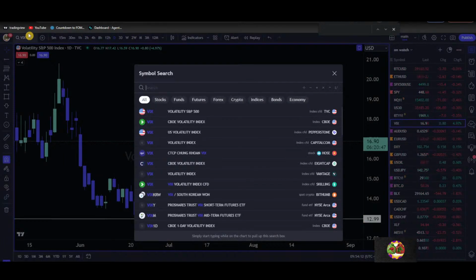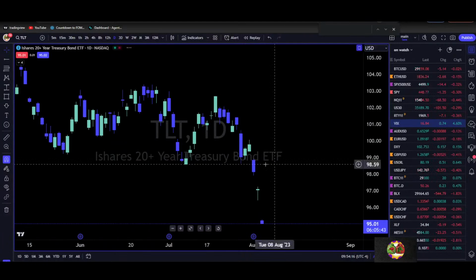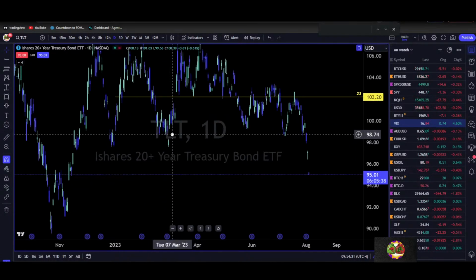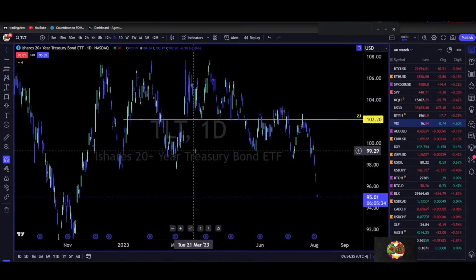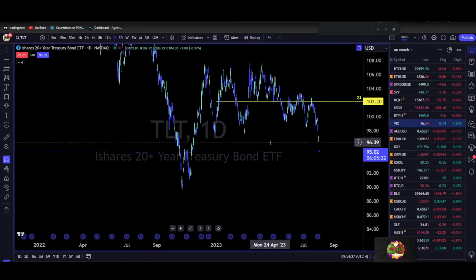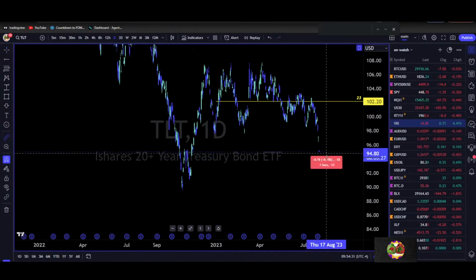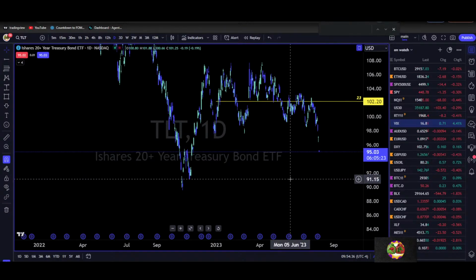So I don't like TLT. If the risk markets are going to fall, TLT's going with them. I mean, TLT's doing worse than risk markets. That's just bad. This thing's going to make a new low, probably. How far away is it from the low? 5% from the low.